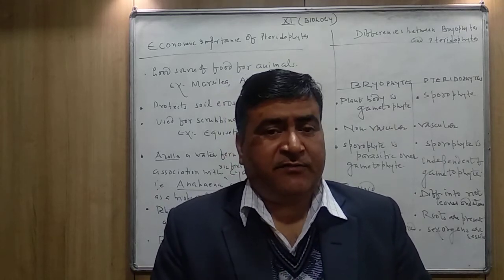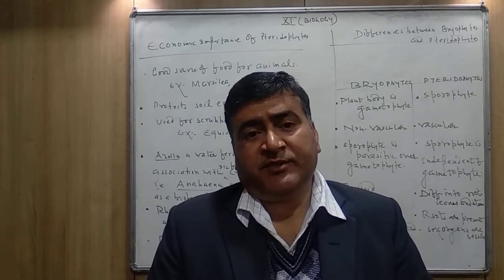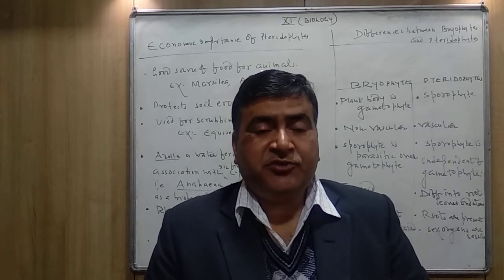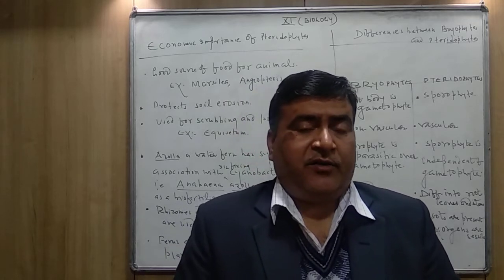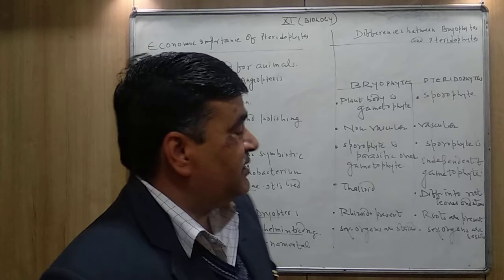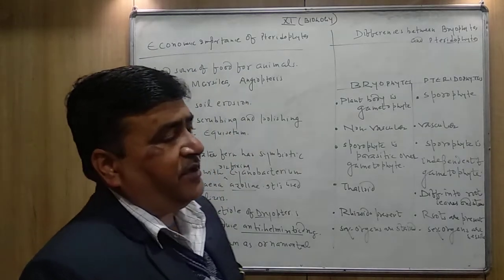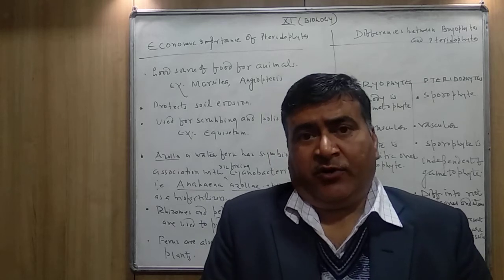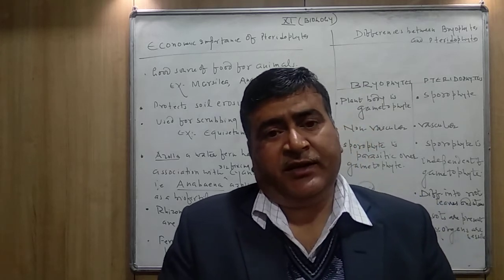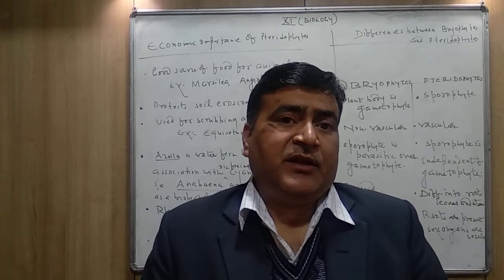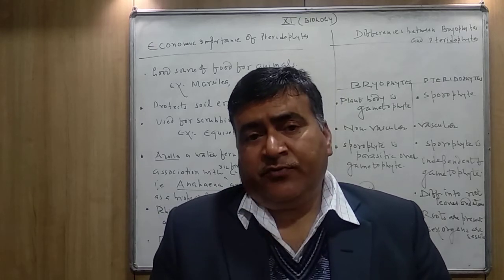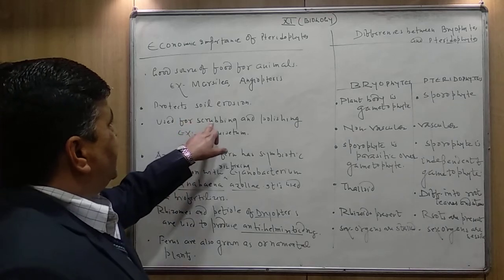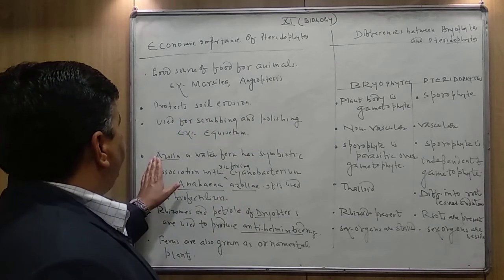Because of the rough surface of the body, Equisetum is used to make scrubbers, and it also helps in the polishing of shoes and other materials. So Equisetum is used for scrubbing and polishing.